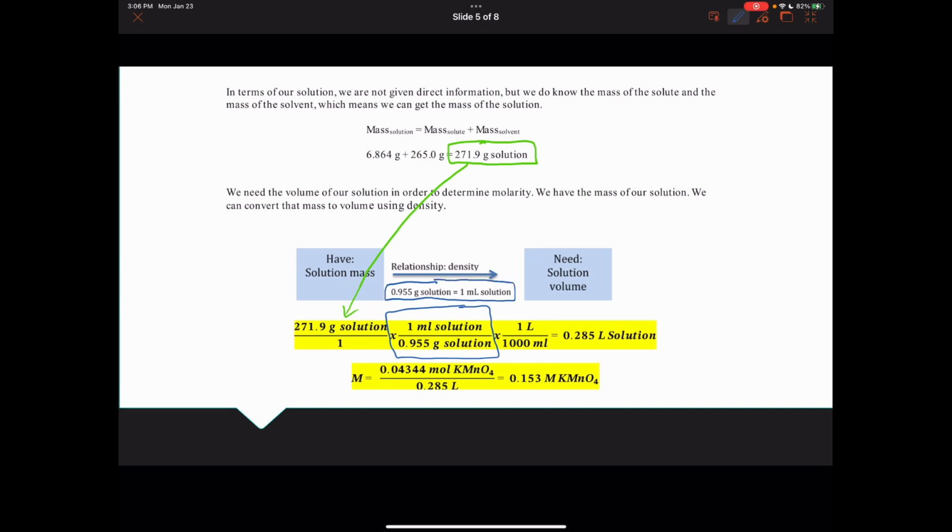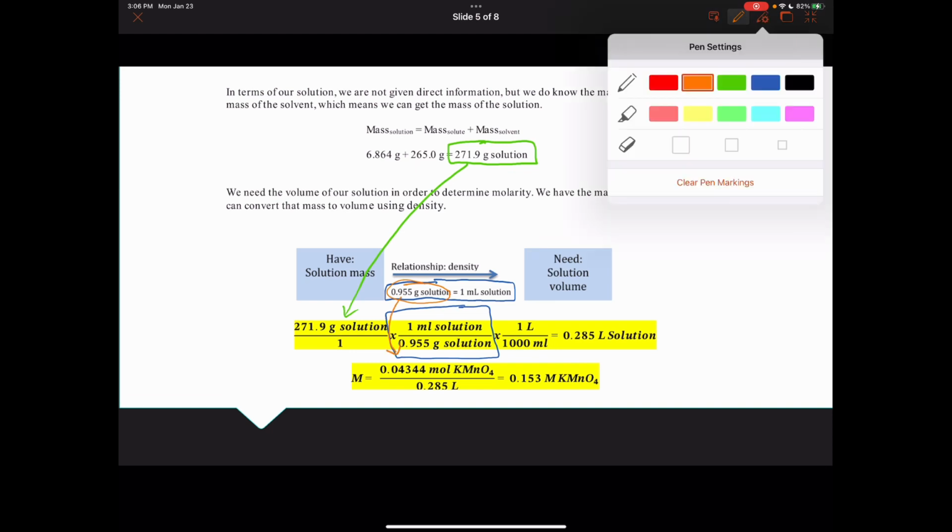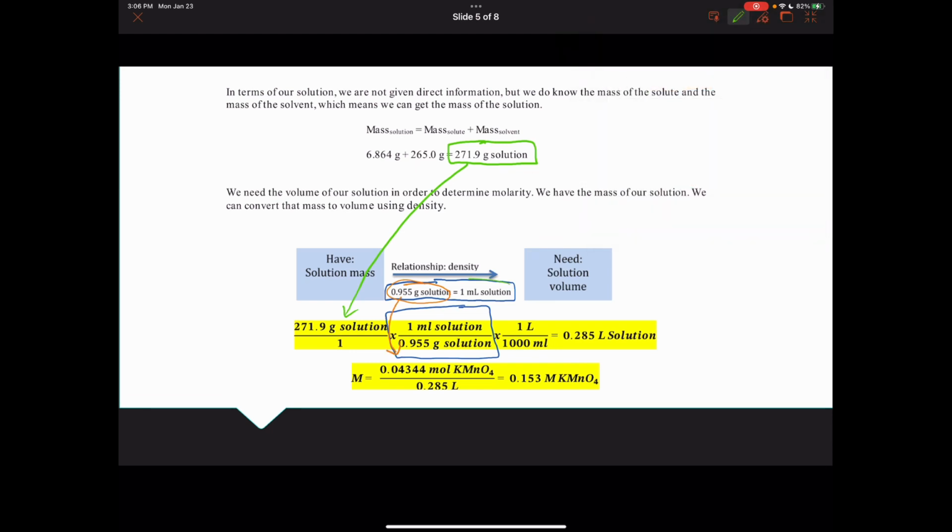So when I set this up, I need to put the gram side of that equality on the bottom. I need to put the volume side of that equality on the top. My grams of solution cancel, and I'm left with milliliters. So we're taking 271.9, we're dividing it by 0.955, and that would give me milliliters of my solution.